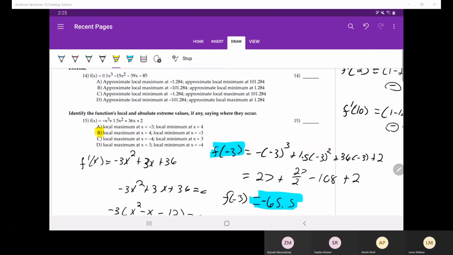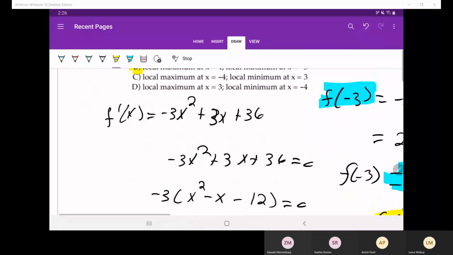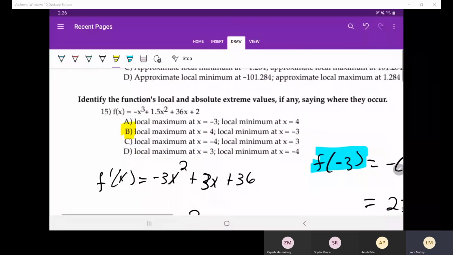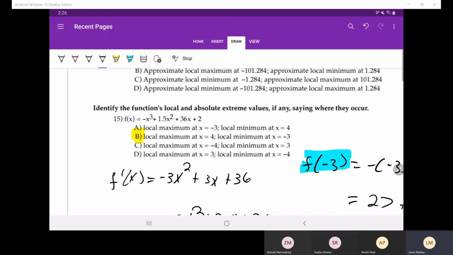Okay. So first things first, we found the derivative of the main function. When you're reading the question, it wants to know the function's local and absolute extreme values, if any.